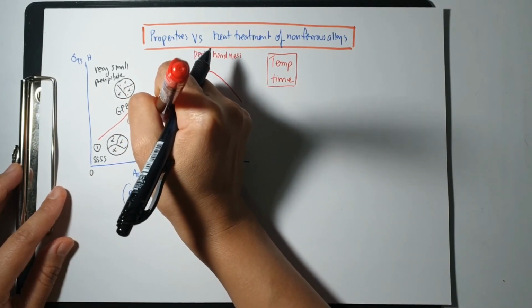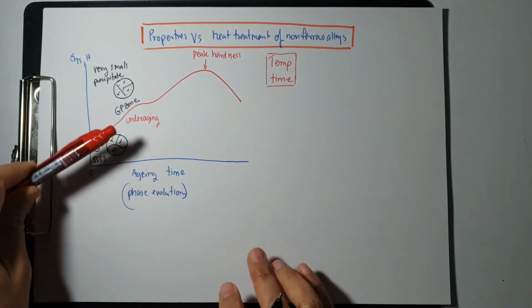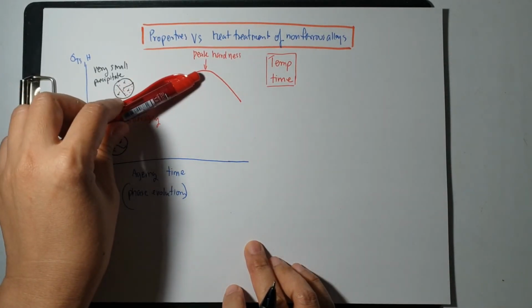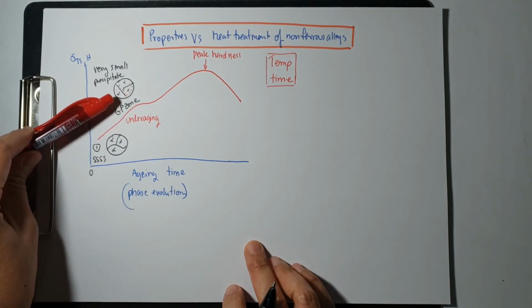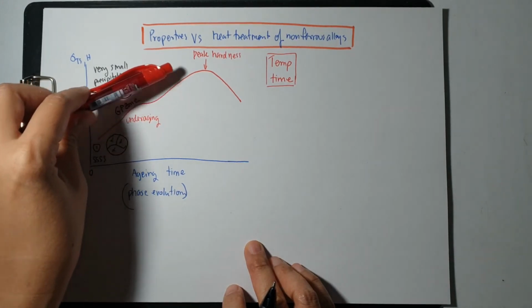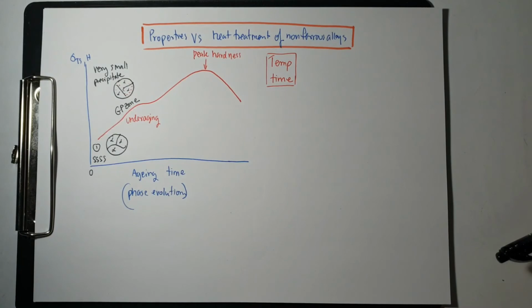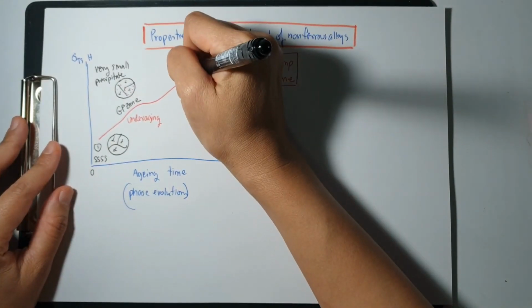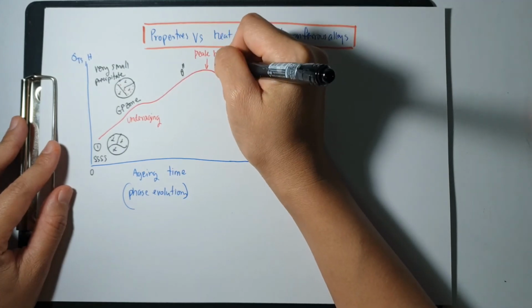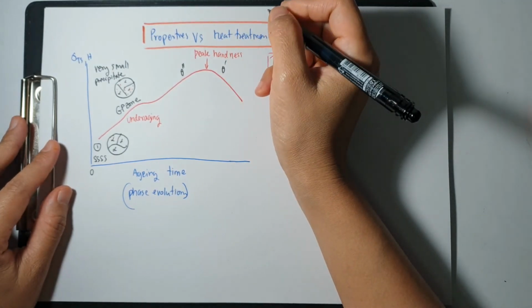That means it can't contribute to the peak hardness just yet, but with time this precipitate phase that is very small will grow until reaching the optimum size. So with time, until reaching theta prime and theta phase.